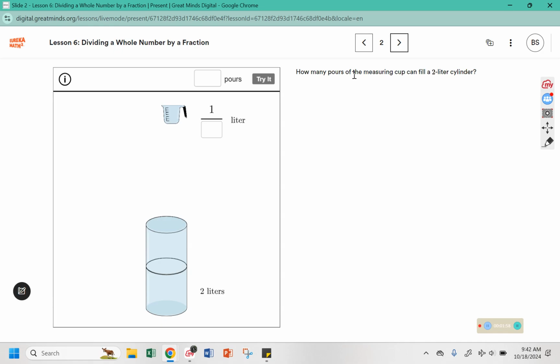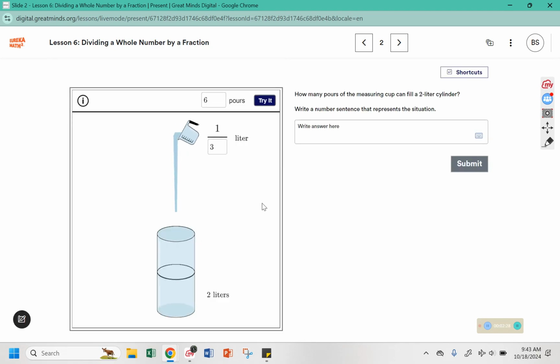How many pours of the measuring cup can fill a 2-liter cylinder? We need to put in a value. So if I wanted 1/3 of a liter measuring cup, 3 of them would fill 1 liter, so I would need 6 of them to fill 2 liters.